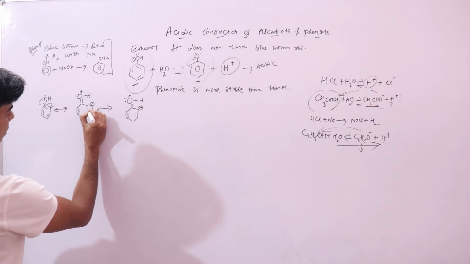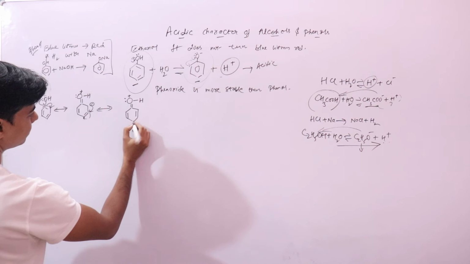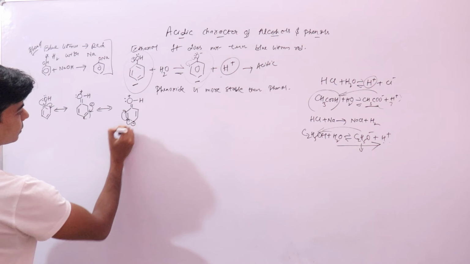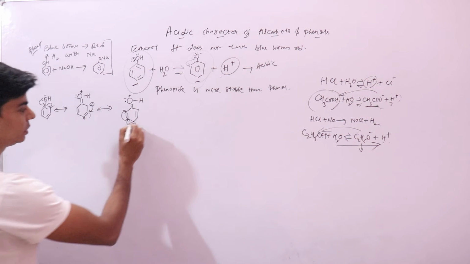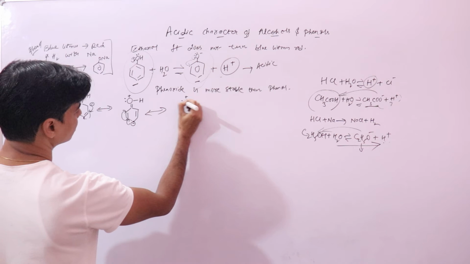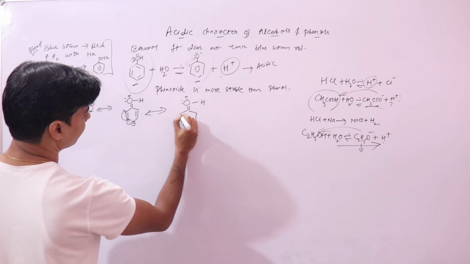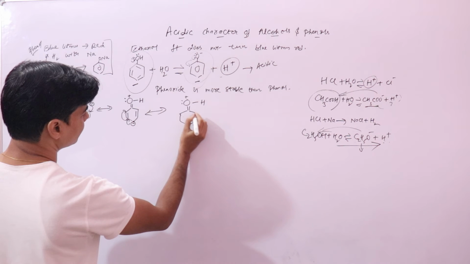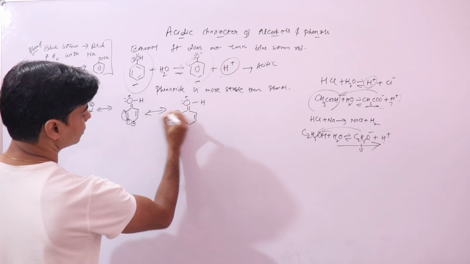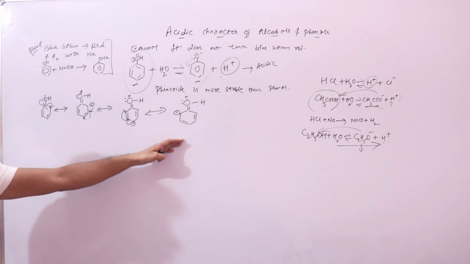Now this will move like this, since this electron pair is moving, which is what these arrows are showing. Here, negative charge here. So these are various resonance forms of phenol.